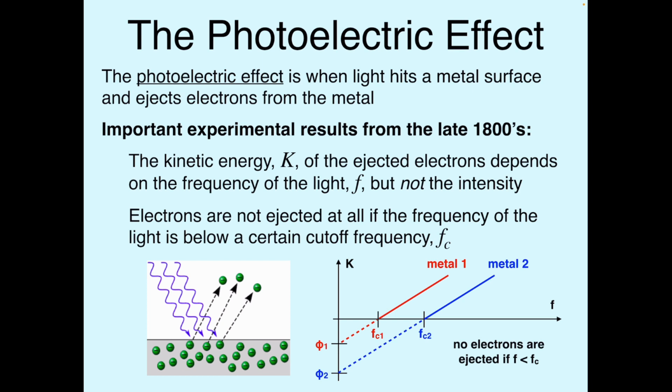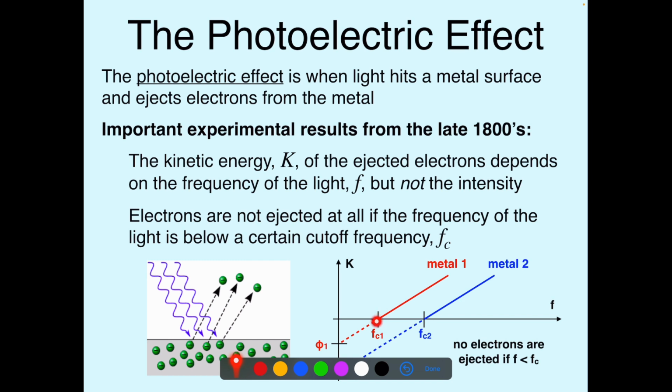Okay, so the general shape you're going to get on this graph is a straight line like this, where you notice that if the frequency goes up at higher frequencies, the kinetic energy of the outgoing electrons is greater, right? And as the frequency gets lowered, the kinetic energy of the outgoing electrons also gets lower. But this can only go on for so long, because at a certain point, the kinetic energy of the outgoing electrons is 0, okay?